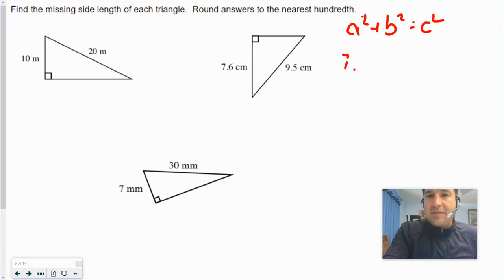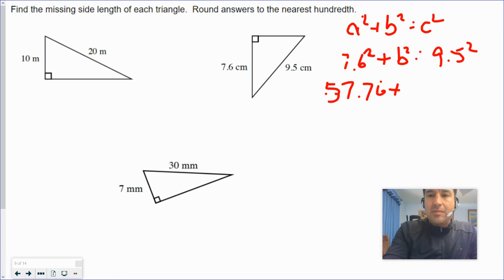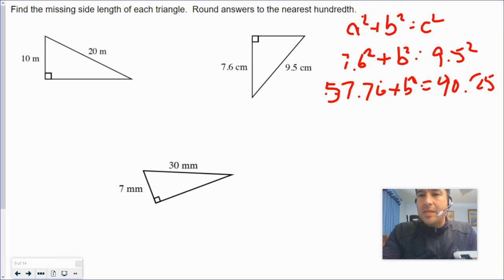A squared is 7 6/10 squared, plus, oh, you guys are getting lucky. My pen is not working again. So 7 6/10 squared is 57 76/100 plus B squared equals 9 5/10 squared gives me 90 25/100. But boy, my writing is getting ugly now.